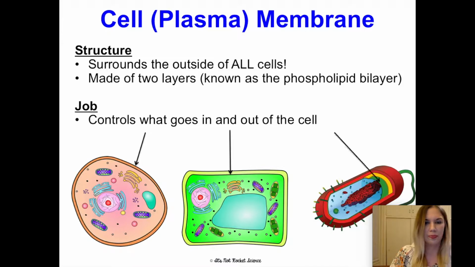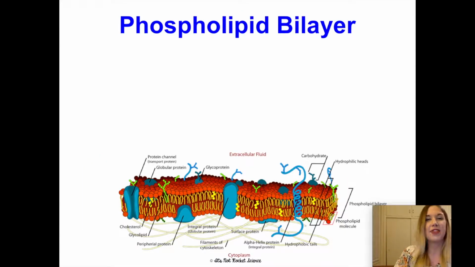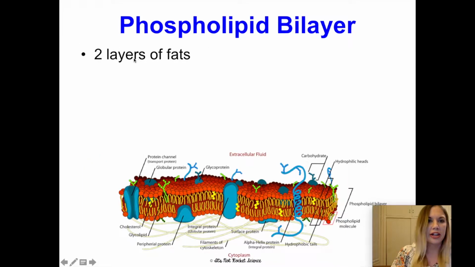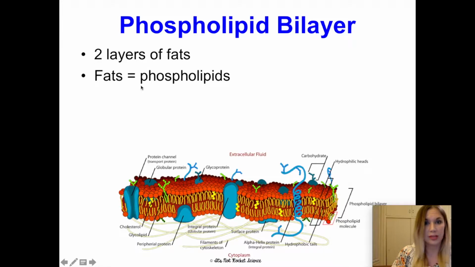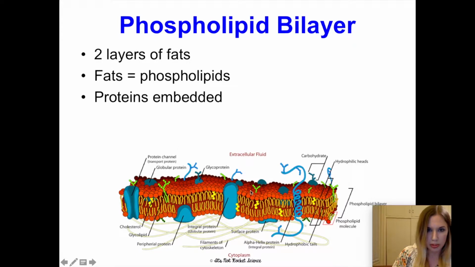Okay. So a little bit more on this phospholipid bilayer. The bilayer is made up of two layers of fats. Phospholipids are considered fats. And there are little proteins embedded in the layer. These little blue structures here, here's a globular protein. Here's a protein channel. All kinds of types of proteins.